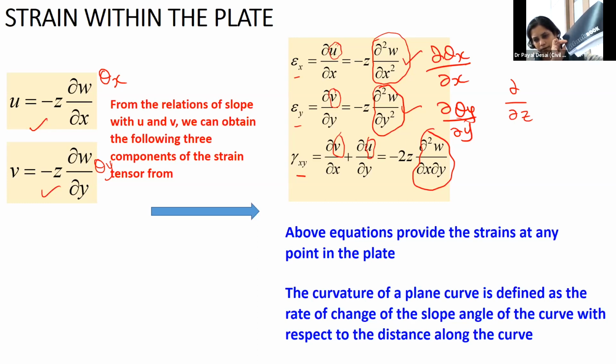This phenomenon you don't observe in a beam. Beam is just the normal epsilon x, because we are calculating only the normal strain in the beam. But in plate, this is the additional observation, that the rate of change of slope with respect to x as well as with respect to y may lead to twisting of the plate. So that is the additional thing.